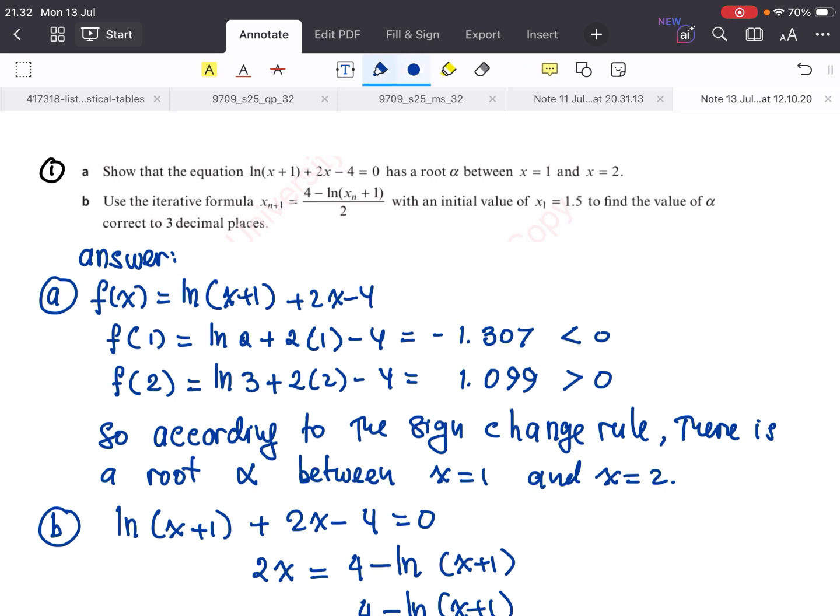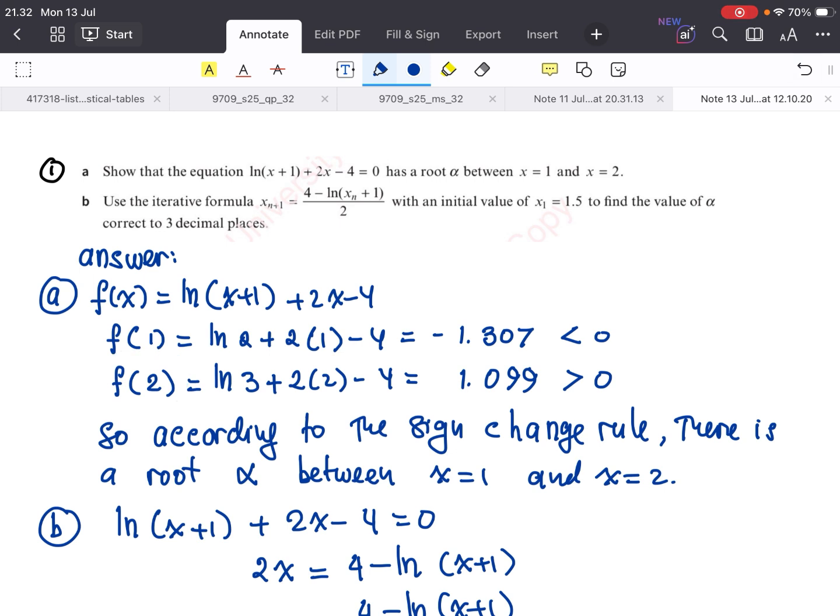To answer this question, we need to check the value of ln of x plus 1, plus 2x minus 4, when x equals 1 and when x equals 2.